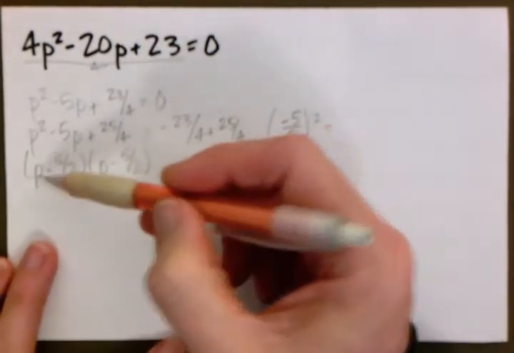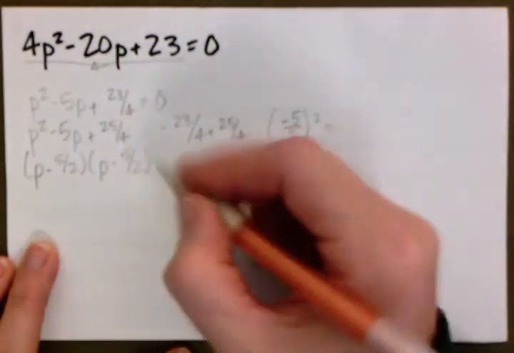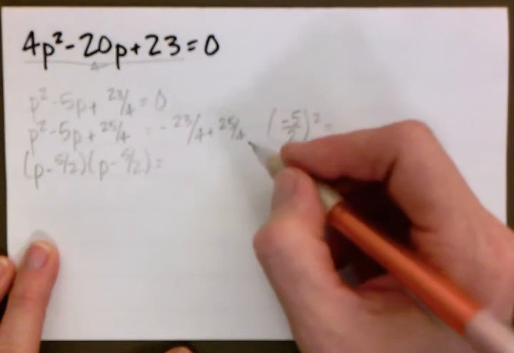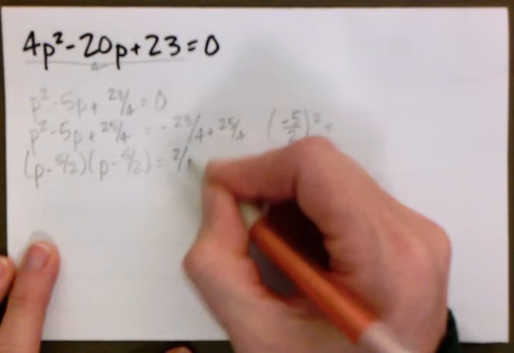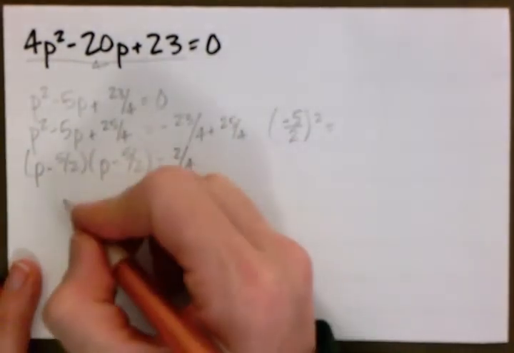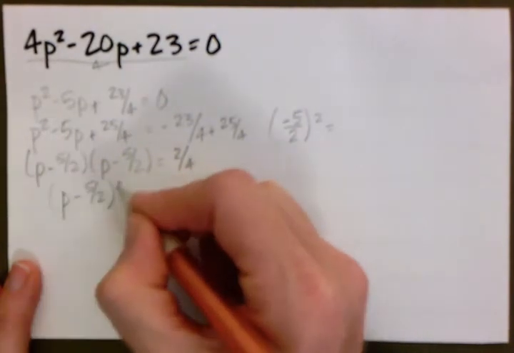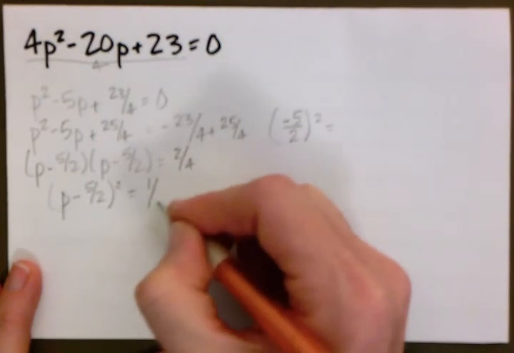And we know that's true because if we FOILed this out, we would end up back with this equation. Over here we have 23/4 plus 25/4, and that leaves us with 2/4. Because these two are identical, we can just write them as p minus 5 halves squared, and 2/4 simplifies down to 1/2.